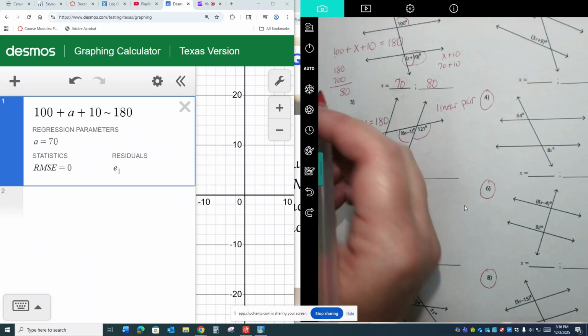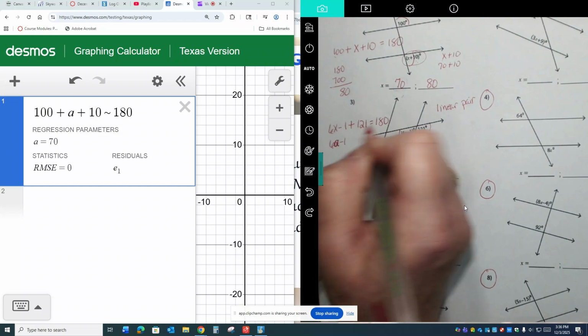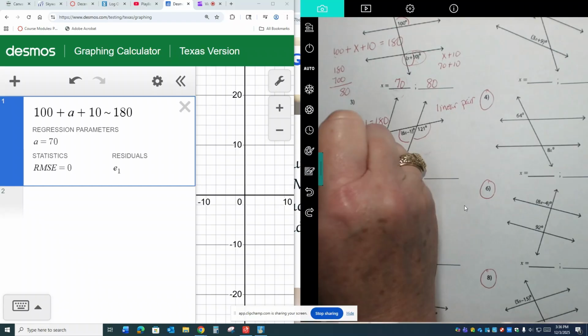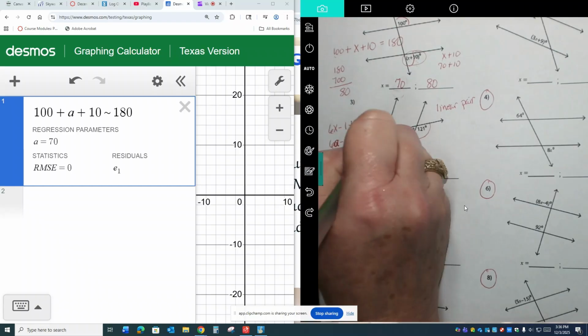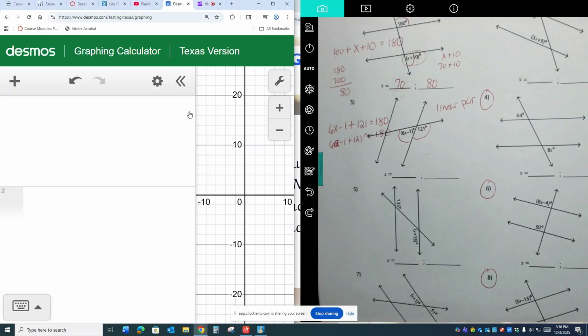All right, when I put it in Desmos, let me rewrite this in Desmos language, not x. I'm going to change that to an a, plus 121, squiggle, 180. So when I put this in Desmos, I'm going to do 6a minus 1 plus 121.